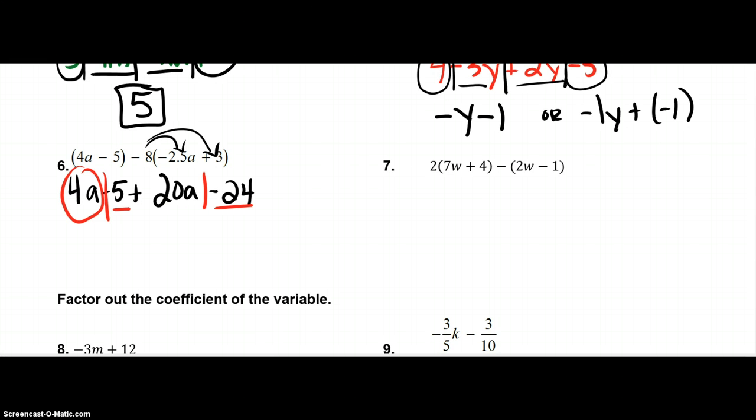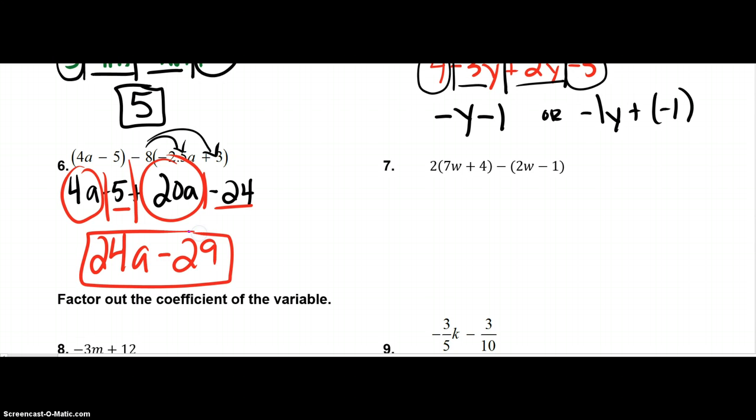I meant to keep that symbol with that 20. So I have a 4a and a positive 20a, so that's a positive 24a. And then I have a negative 5 and a negative 24. So when I combine those two together, it's negative 29. So I have 24a minus 29.